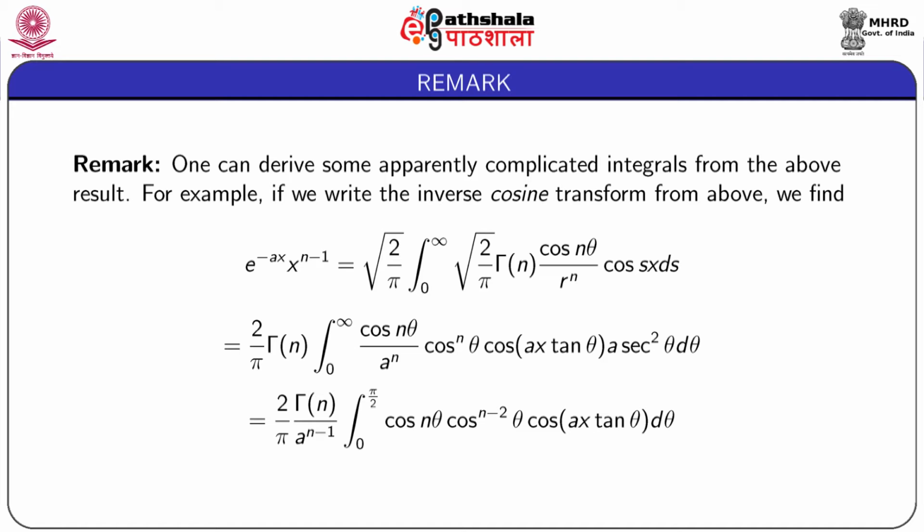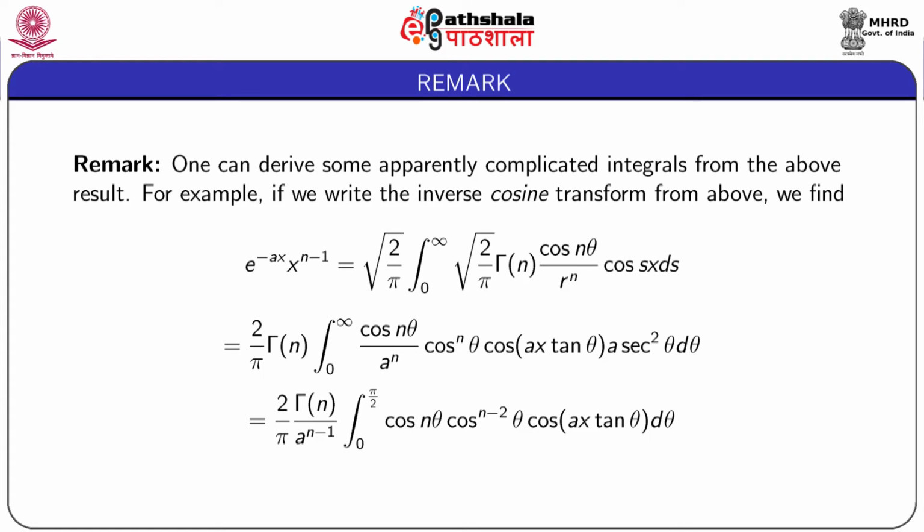so that we can substitute instead of r using those results, and we obtain this integral as 2 by pi gamma n integral 0 to infinity cos n theta by a to the power n in cos to the power n theta into cos of ax tan theta a sec square theta d theta.